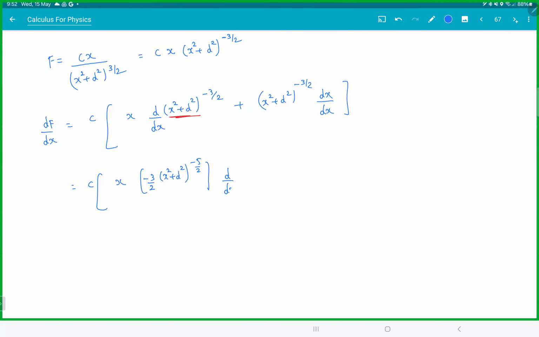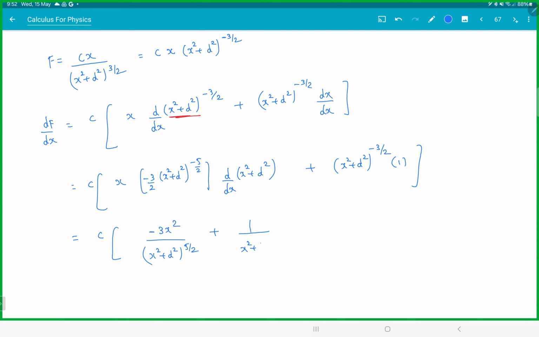Then you differentiate x square plus d square, that is 2x. The 2 will cancel. You will end up with minus 3x square by (x square plus d square) whole power 5/2, plus 1 by (x square plus d square) whole power 3/2.